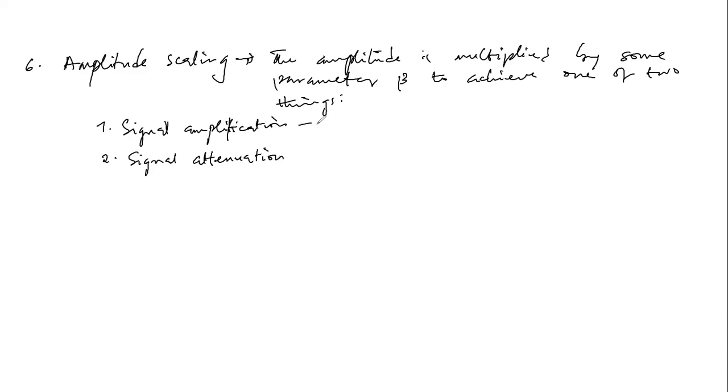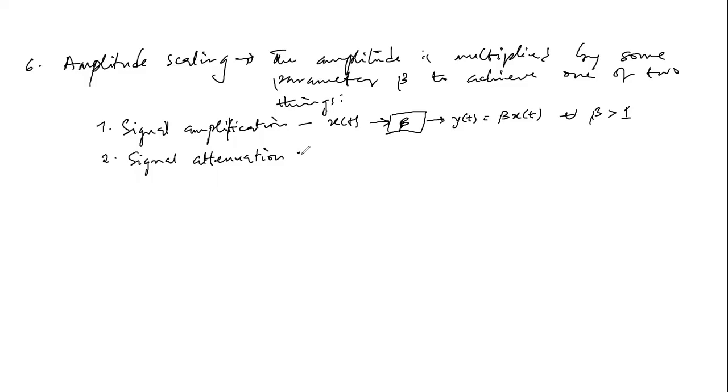Now, to achieve signal amplification, assume we have an input S of t into a system characterized by some parameter beta, then y of t will be the same as beta S of t. So in other words, the amplitude scale is multiplied by the parameter, for all values of beta greater than 1.